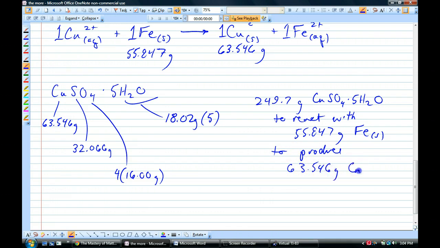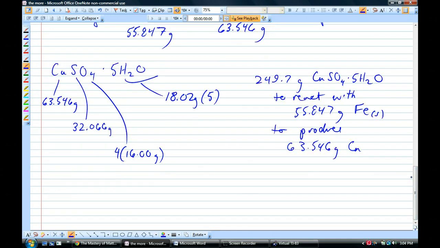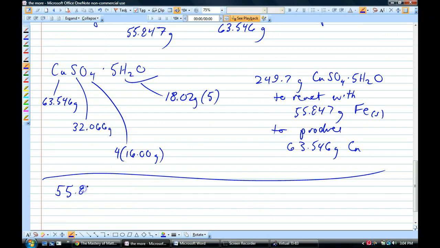63.546 grams of copper. Now this sort of calculation is beyond what we're going to do right now. This is going to come next semester when we're actually doing what we call stoichiometry. We're looking at mass relations in compounds and in chemical reactions. For now, I just want you to realize what these values are right here.